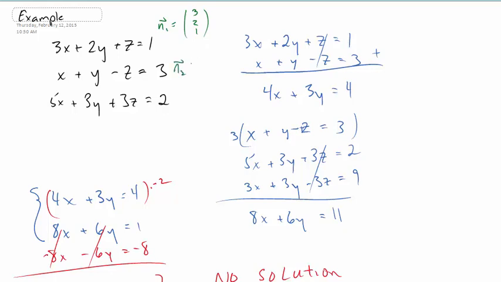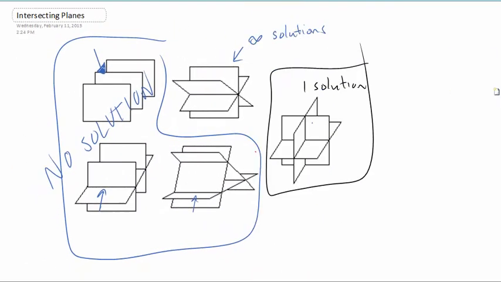And 2 is 1, 1, negative 1. Those two are not scalar multiples. Those two are not parallel planes. And the third normal, 5, 3, 3, isn't a scalar of either of the other two. So none of these planes are parallel. The situation that we're looking at is that one right there.